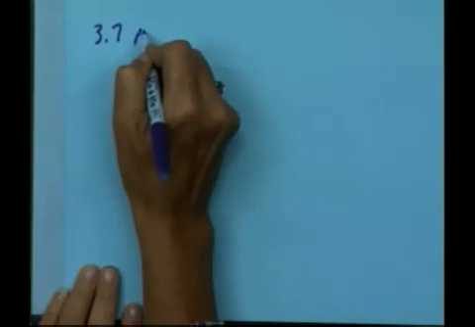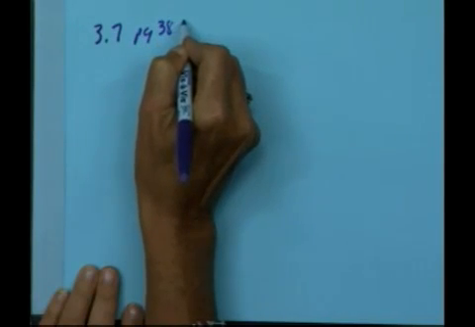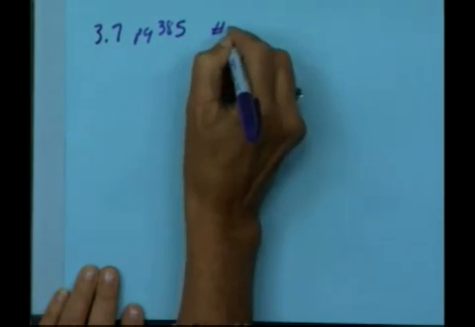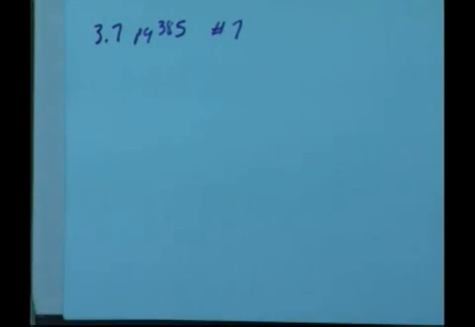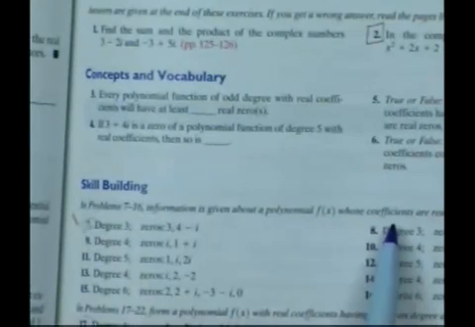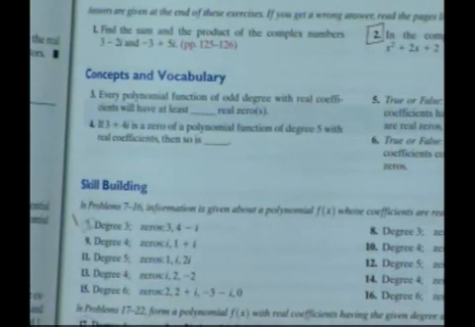3.7. First question was number 7, page 385. I don't even think we have to write this one down. The information is given about a polynomial whose coefficients are real numbers. Find the remaining zeros.